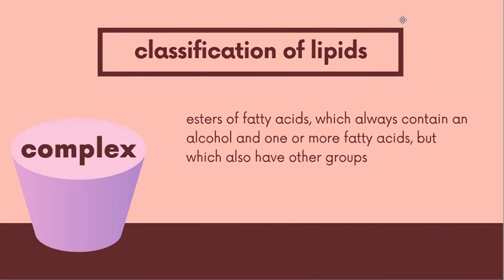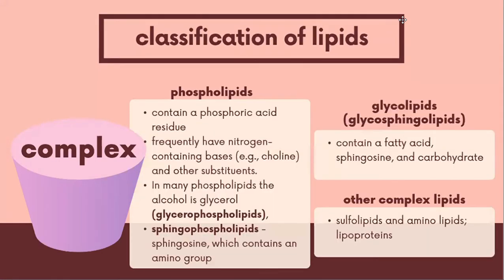Complex lipids are phospholipids, glycolipids, and other complex lipids. In many phospholipids, the alcohol is glycerol, and they are called glycerophospholipids. But in sphingophospholipids, it is sphingosine, which contains an amino alcohol, and lipoproteins may also be placed in that category.